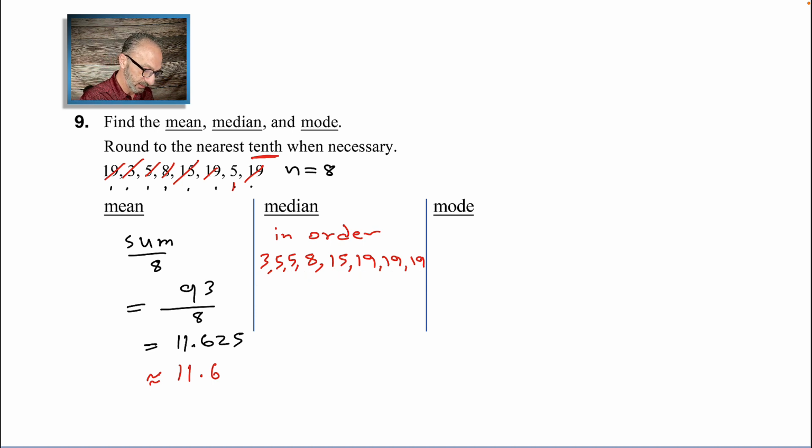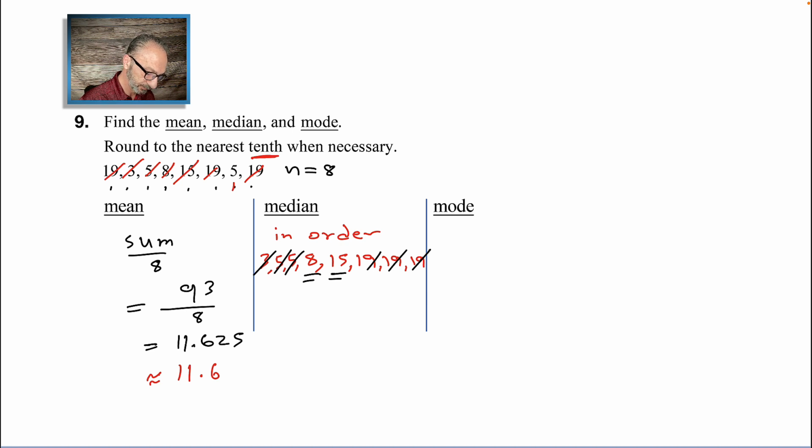Now, the way to find the median is the middle number after you list them in order. As you could see, we have 8 numbers, so we could do it by crossing one from left, one from right, left, right, left, right, and we have 2 in the middle. Since we have an even number, n equals 8, we're going to end up with 2 in the middle. Then we take their average.